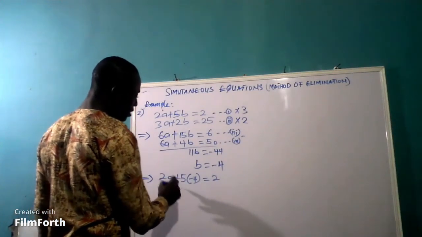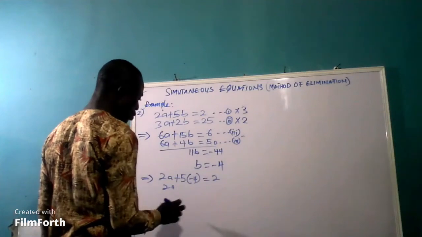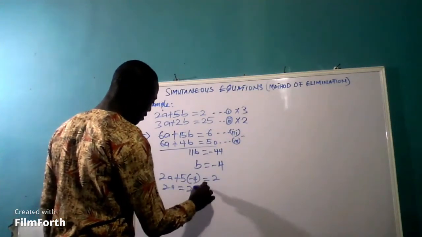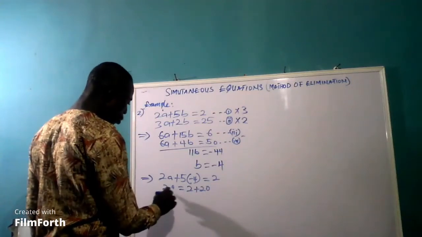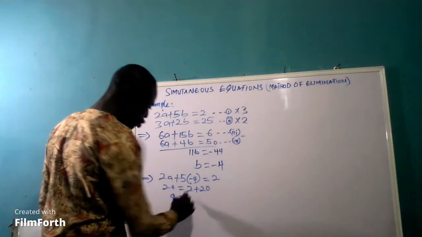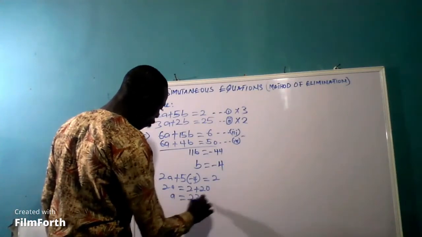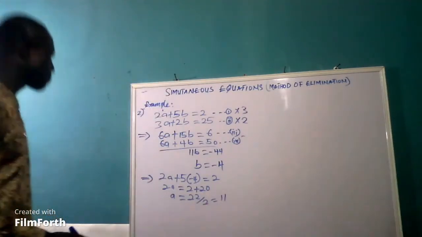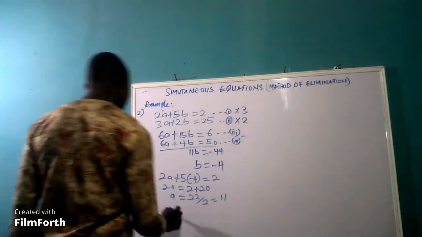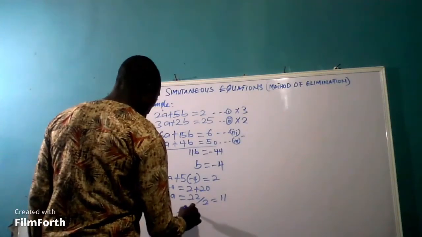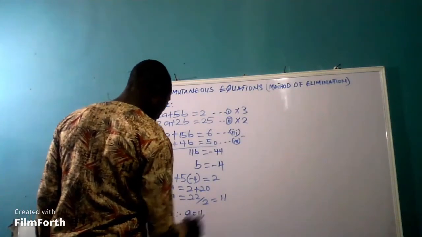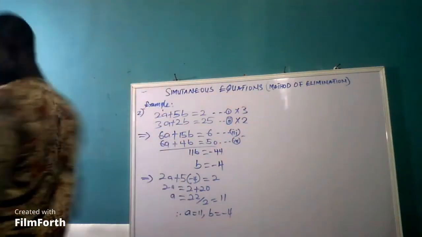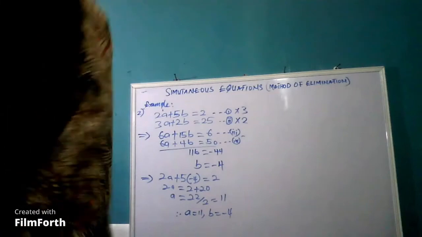And minus 20 taken from this side to the other side of the equal to sign will be plus 20. Therefore, you have a equal to 22 all over 2, which is equal to 11. You get that? So therefore, a is equal to 11 and b is equal to negative 4.